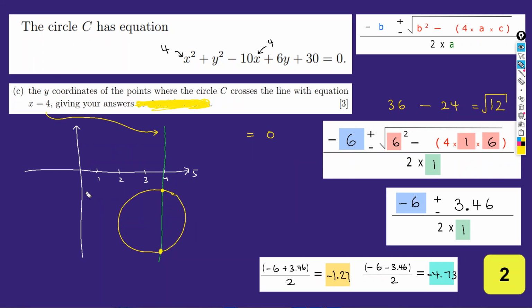The y coordinate over here is minus 1.27, and the y coordinate here is minus 7.43. So that is how it might look on graph paper. Everyone take down this diagram now, so you have a visual on it. And let me know when you are finished.